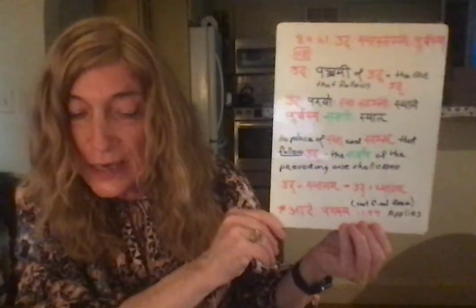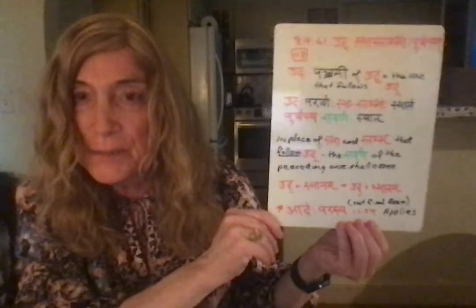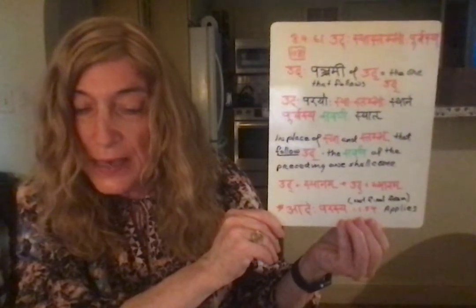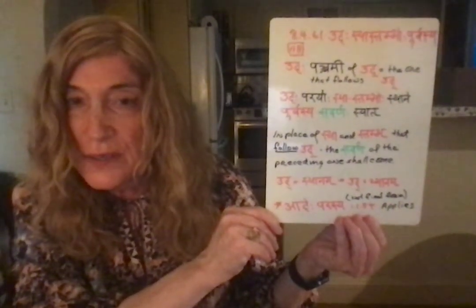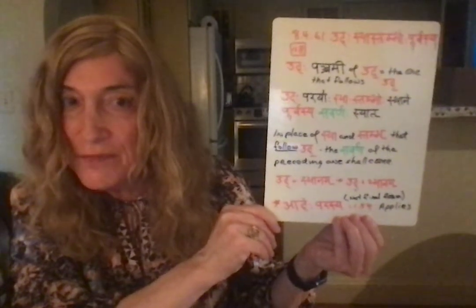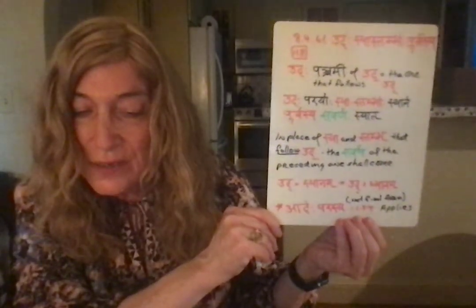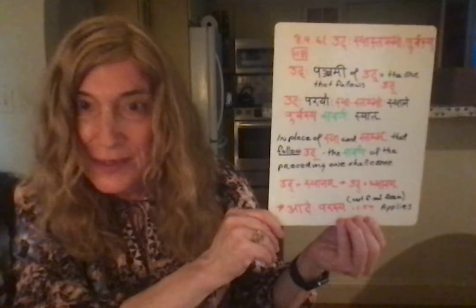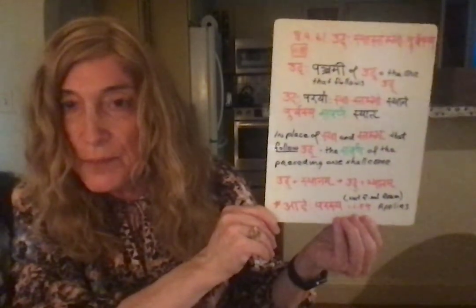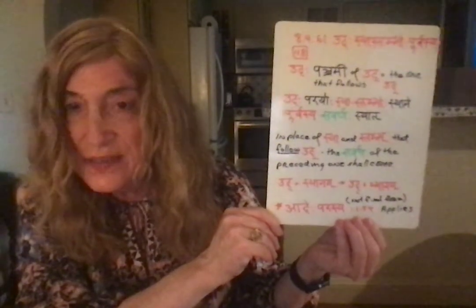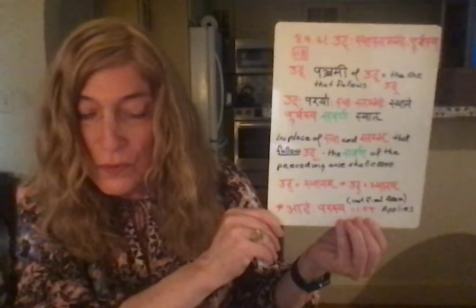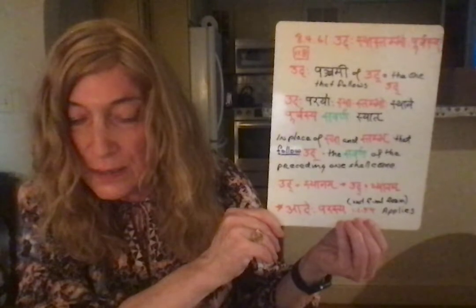So here we have ut in panchami, and by tasmadityuttarasya, the injunction pertains to the one that follows it. So udah is panchami of ud, and the injunction pertains to the one that follows it. In this case, it's stha. Ut sthanam.